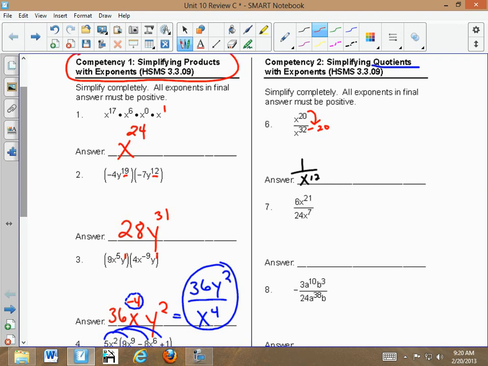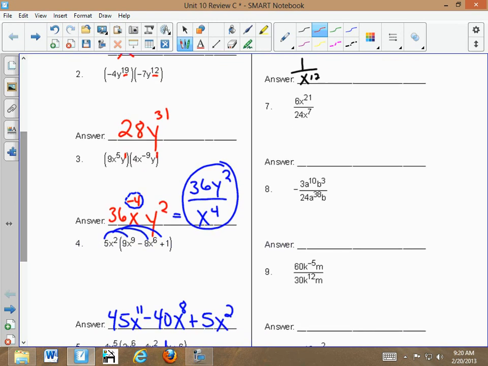There's my answer. Okay, how many times does 6 go into 24? 4 times. I have 21 x's on top. I have 7 x's on bottom. I bring the small to the large, minus 7. So that's x to the 14th power.